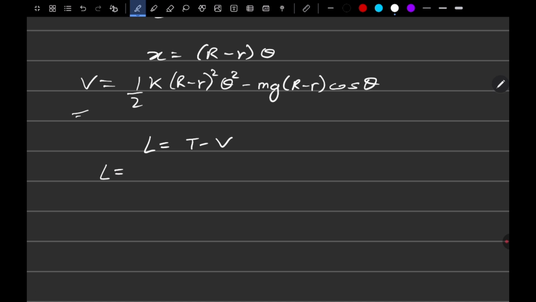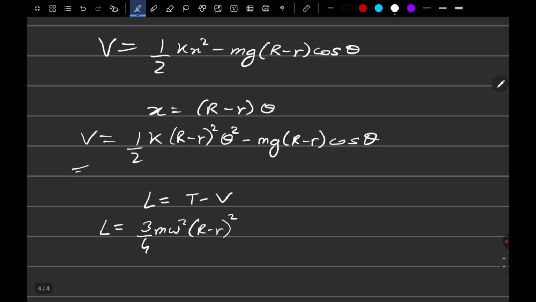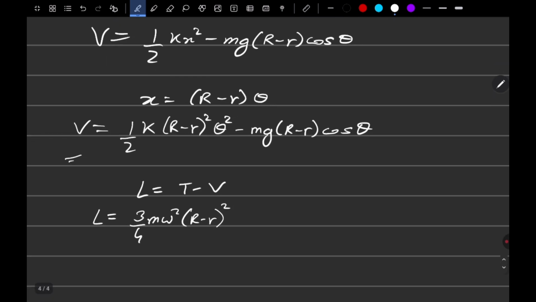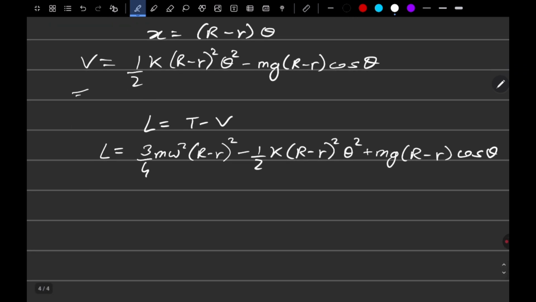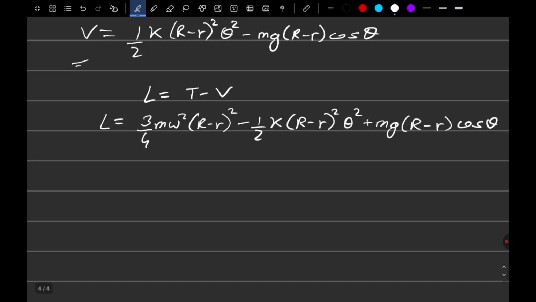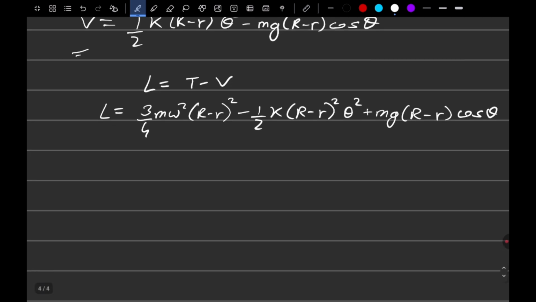L is equal to 3 by 4 m omega squared (R minus r) squared minus half k (R minus r) squared theta squared plus m g (R minus r) cos theta. Now we have the Lagrangian. Now I just have to plug it into the Euler-Lagrange equations, and we have the equations of motion.